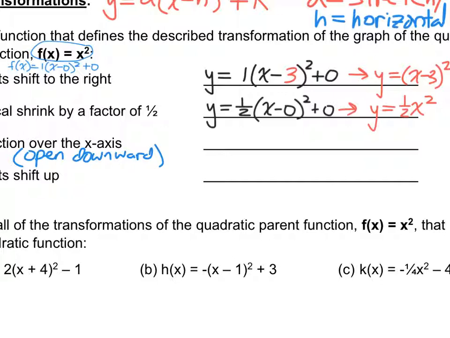So I want the same parabola, but I want it to open downward. All right, so the only thing I need to manipulate would be my a value. So instead of it being a positive 1, what would I make it? A negative 1. Everything else stays the same.